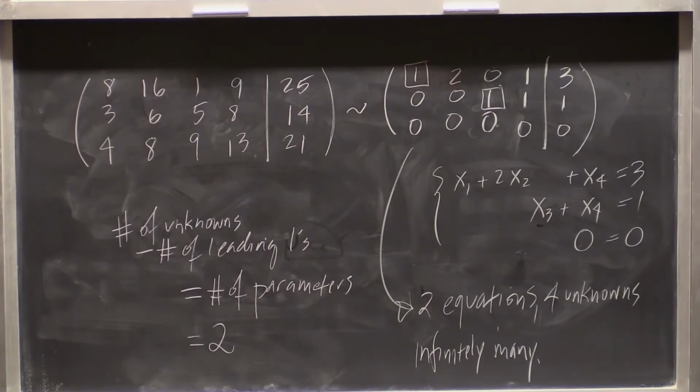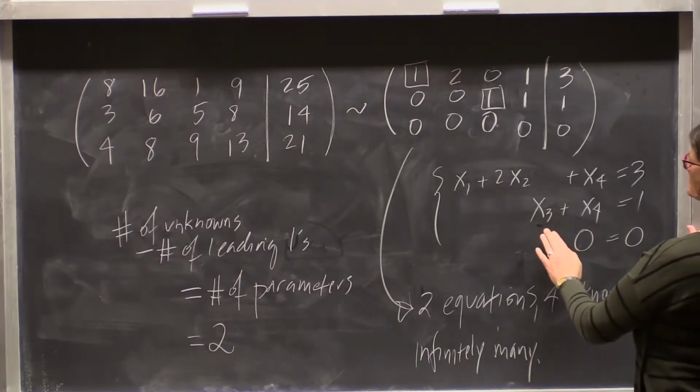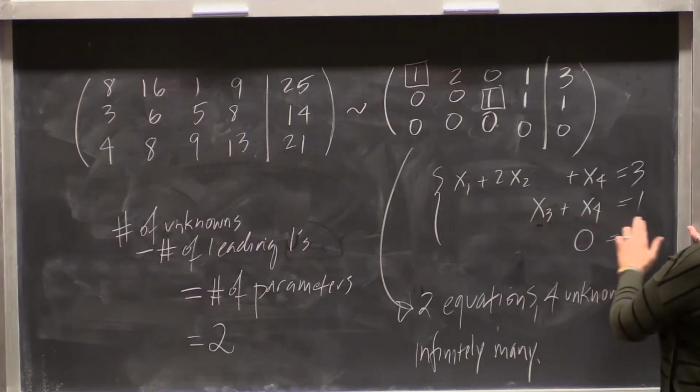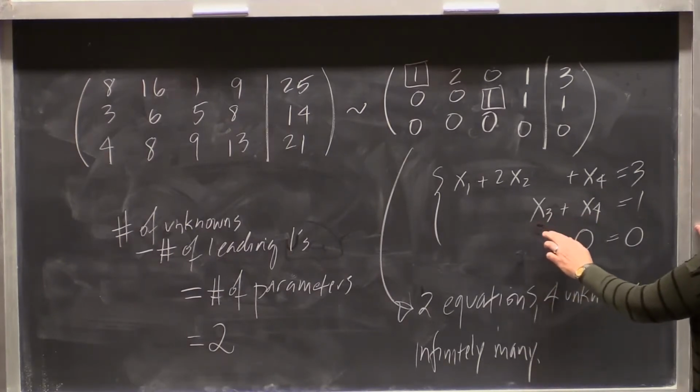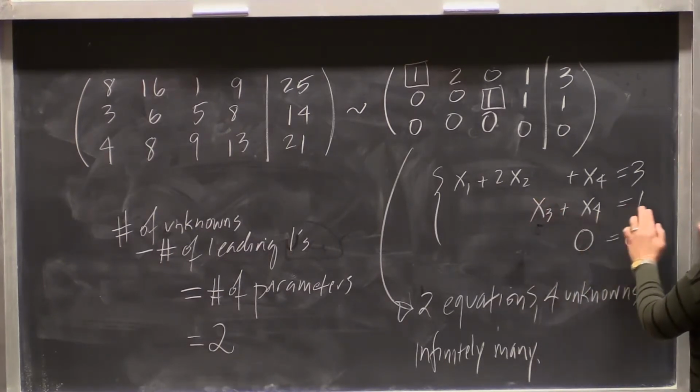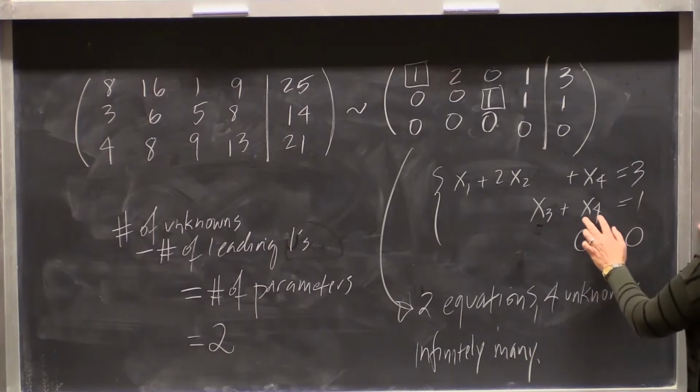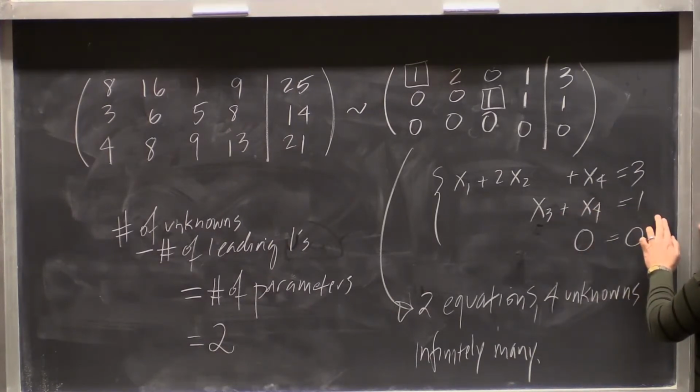So you want to choose which variables to make free parameters basically in terms of convenience. From this equation, I could write x3 in terms of x4, or I could write x4 in terms of x3.